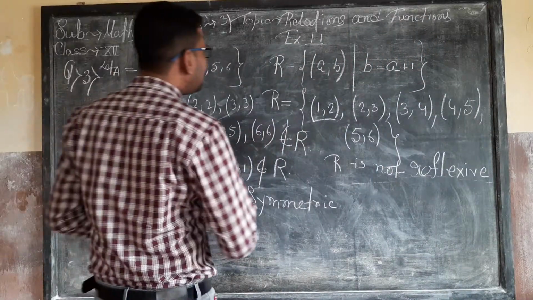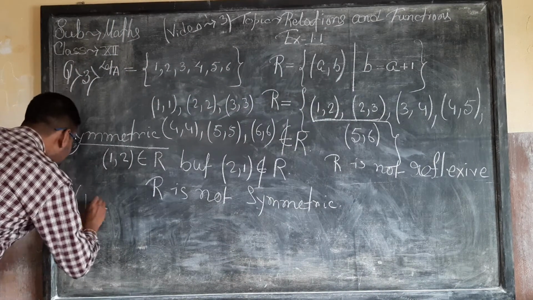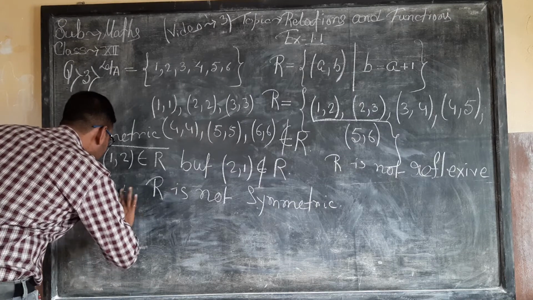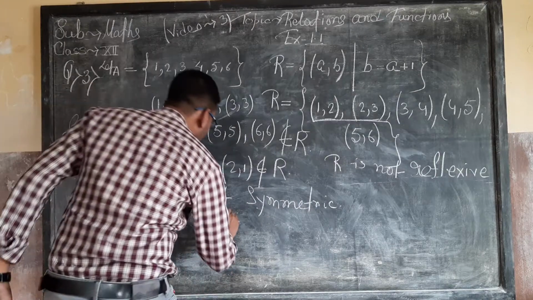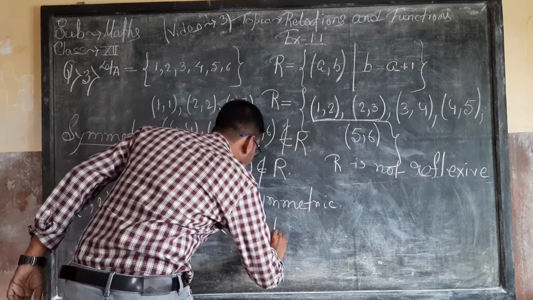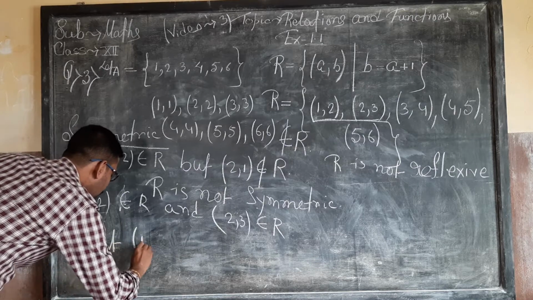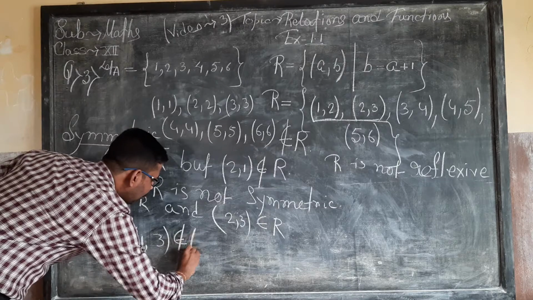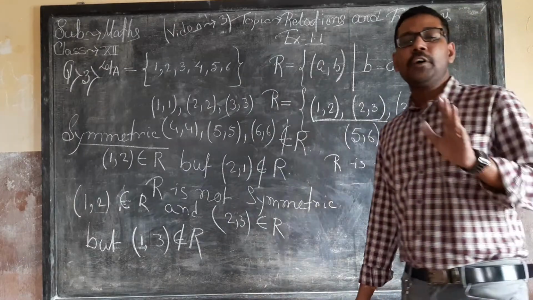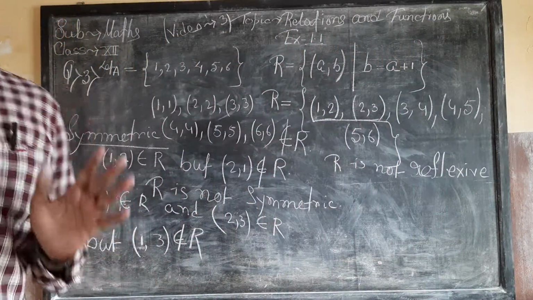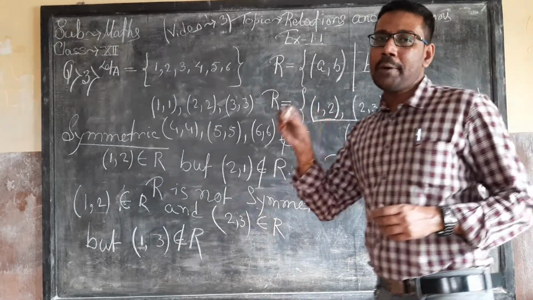If you consider any two ordered pairs, so that means (1, 2) belongs to R, and (2, 3) belongs to R. But (1, 3) does not belong to R. So if you consider the first two ordered pairs from this relation, the (1, 2) is the first ordered pair and (2, 3) is the second ordered pair, but this relation does not contain (1, 3).